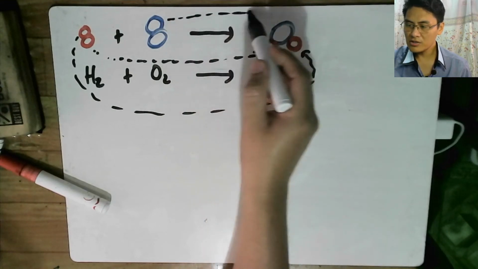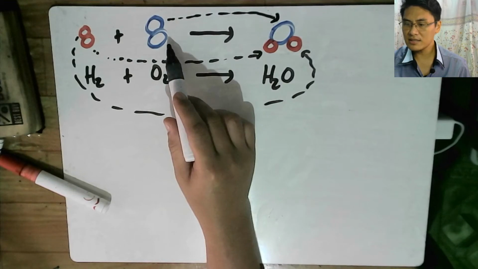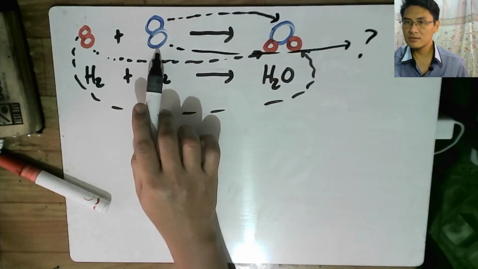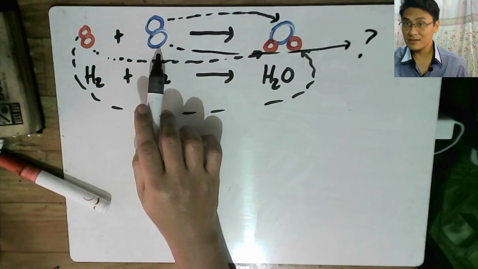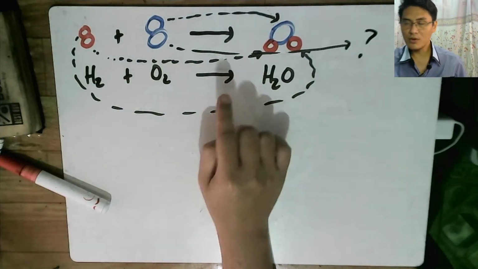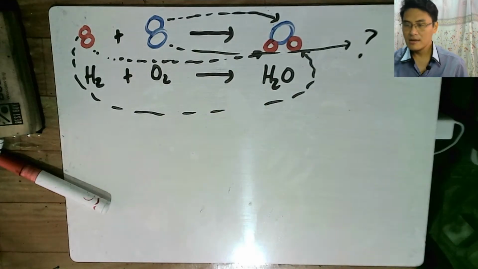This atom, oxygen, became that atom. Now you have a problem. Where is the second oxygen? The second oxygen atom is missing, right?